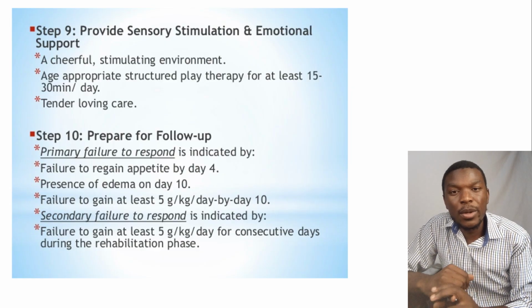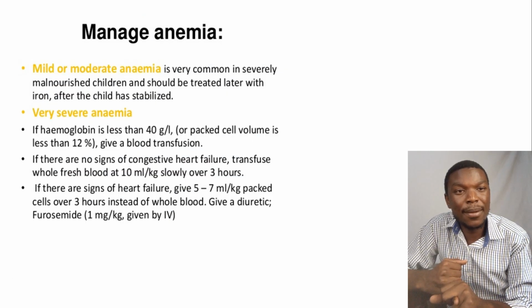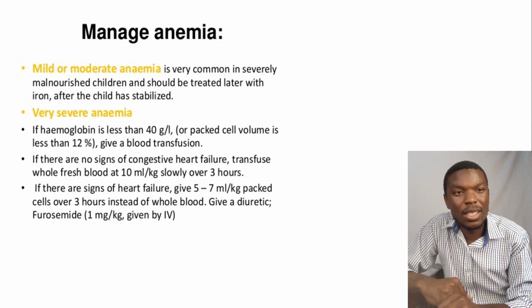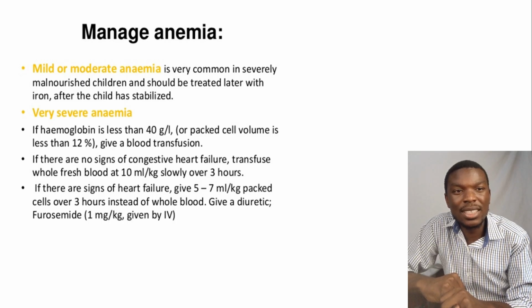So remember, we had done a full blood count. If the child is anemic, moderate or mild anemia, it's usually common in severely malnourished children and should be treated later with iron after the child has stabilized.